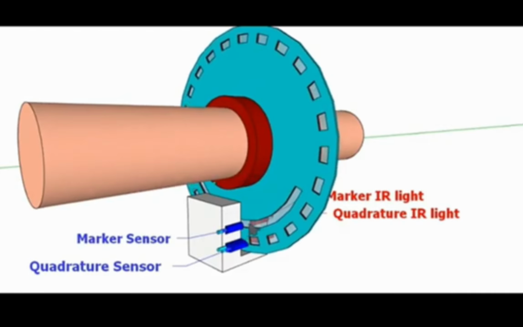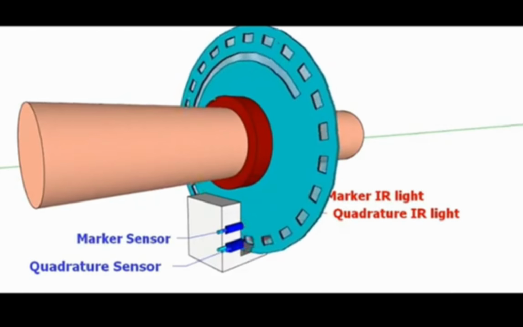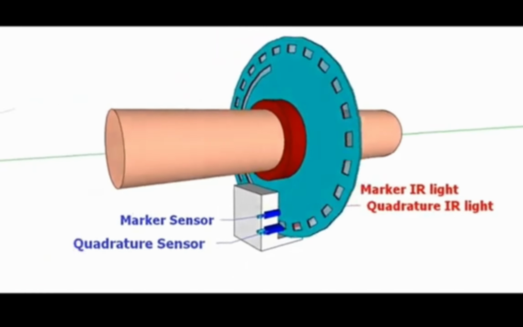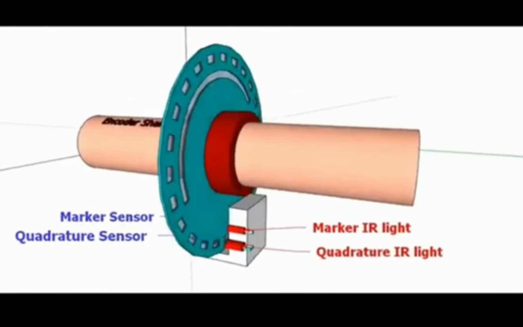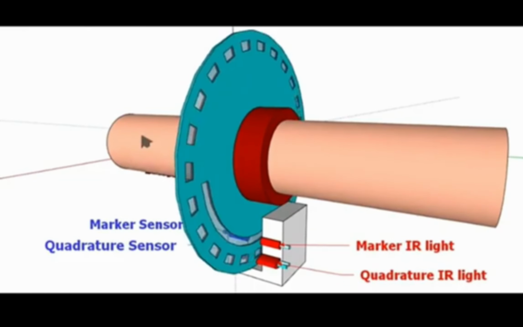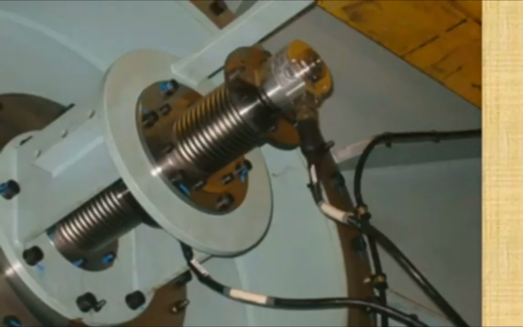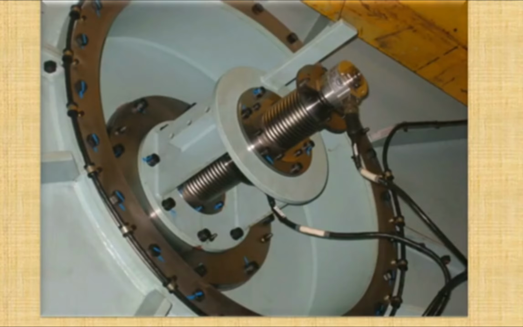The lights pass through, the sensors receive the lights, and this gives the signal to the amplifiers. From that you can measure the RPM and crank angle also, and we will discuss in detail how we achieve the RPM plus crank angle with the sensor.